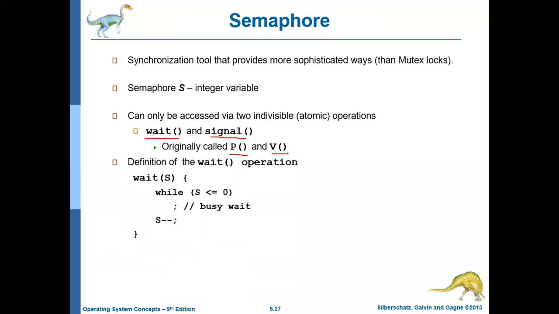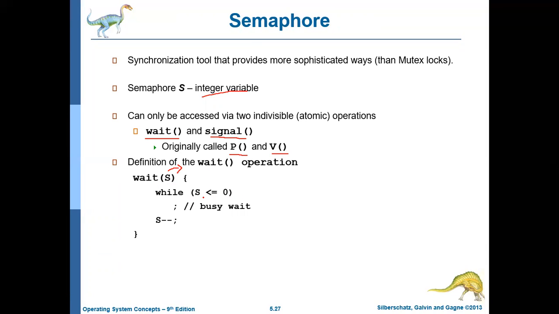This is how the typical wait instruction appears. Wait and signal are atomic instructions. So wait on the semaphore S. S is connected to a shared resource, and S holds an integer value. In the wait, we are checking whether S is less than or equal to 0.